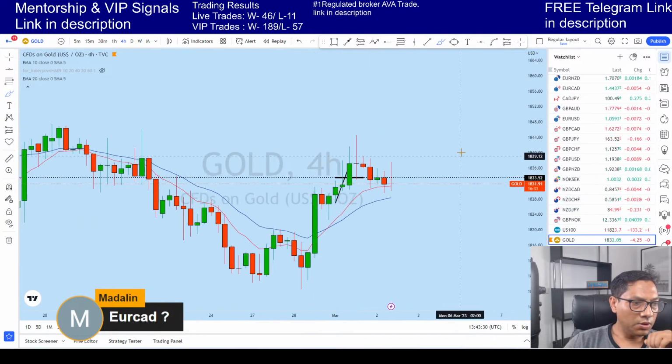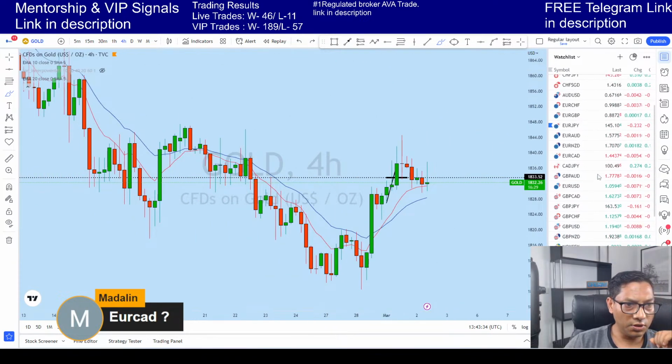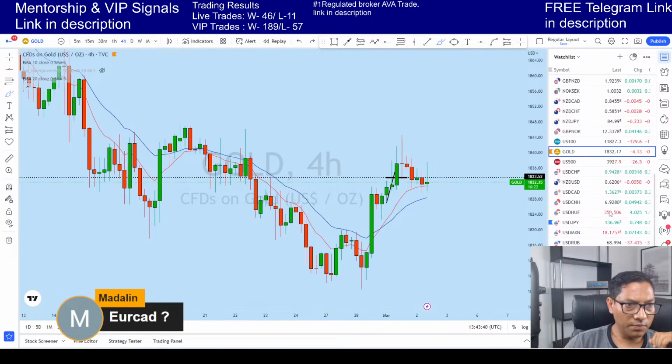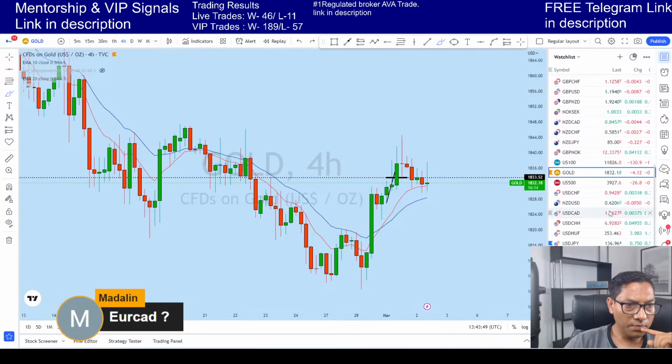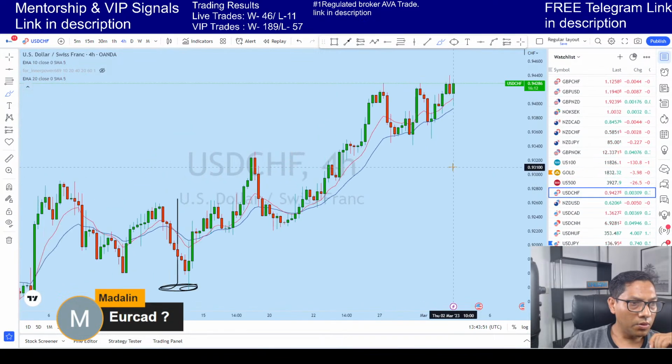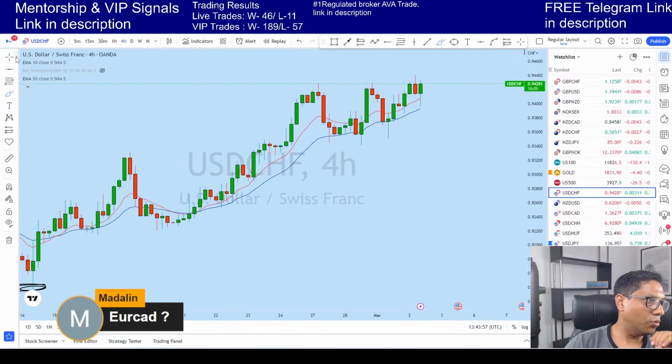So what I see on gold with the movement of USD CHF, because some USD pairs will tell you in fact how the market might move.